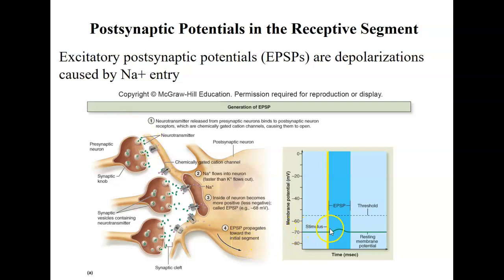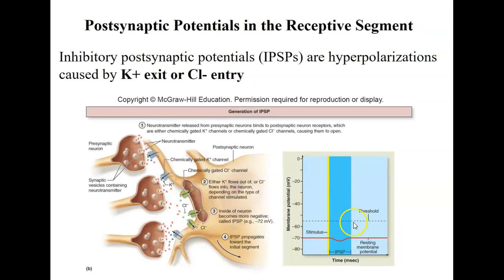Now this one didn't get to threshold, but if we have enough of these excitatory postsynaptic potentials, it could get to threshold and cause an action potential in the next segment. An inhibitory postsynaptic potential, on the other hand, is going to cause this to become more negative and therefore go down toward negative 80, and it's not going to have an action potential.